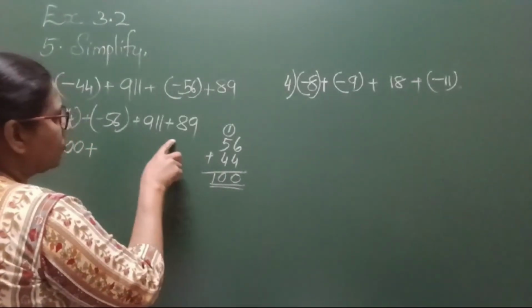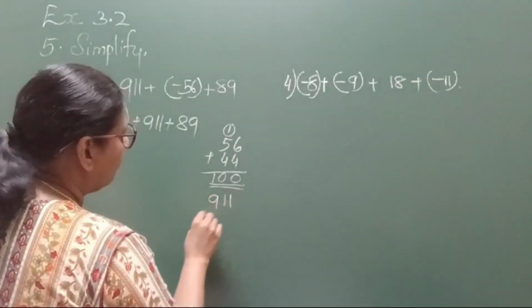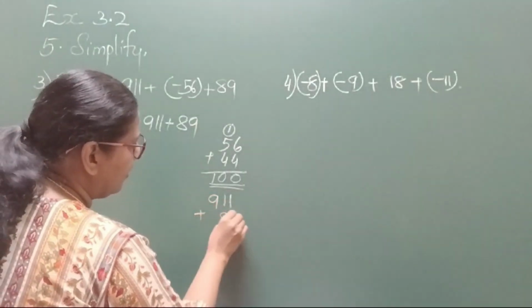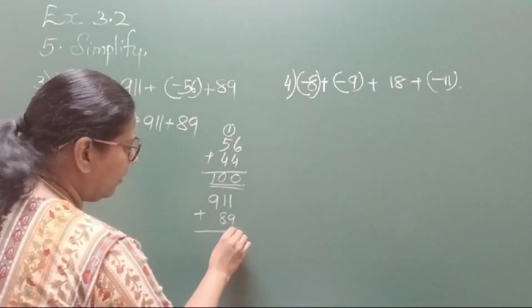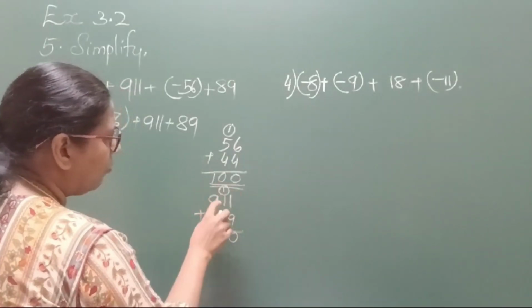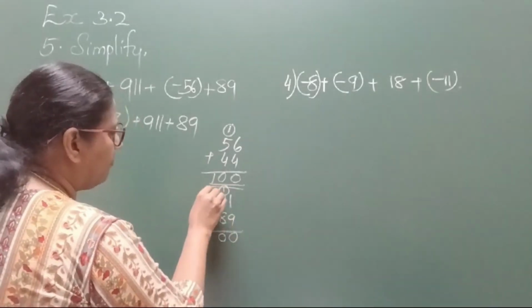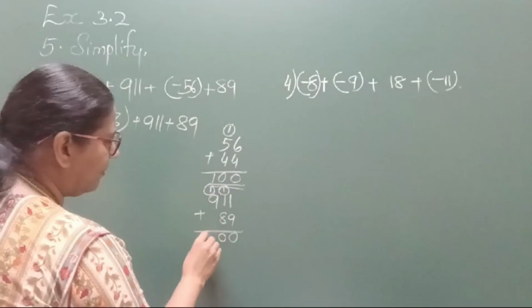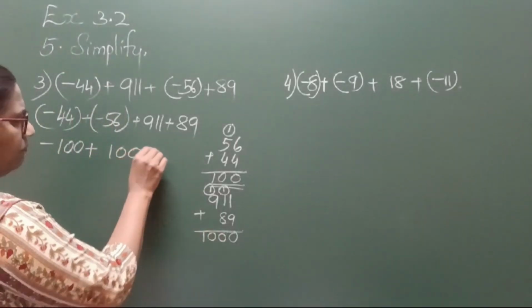Now we'll add these two positive integers, that is 911 plus 89. 1 plus 9 is equal to 10. 1 balance, 1 plus 1, 2, 2 plus 8, 10. 1 balance, 1 plus 9, 10. So we got the answer 1000.